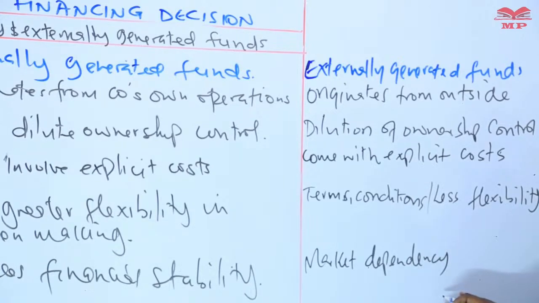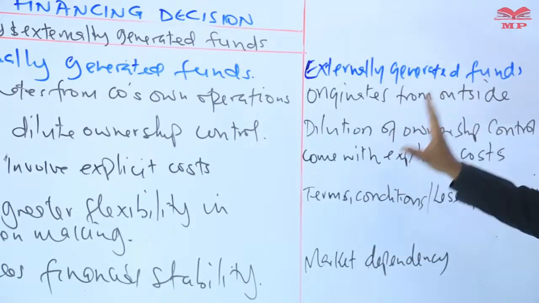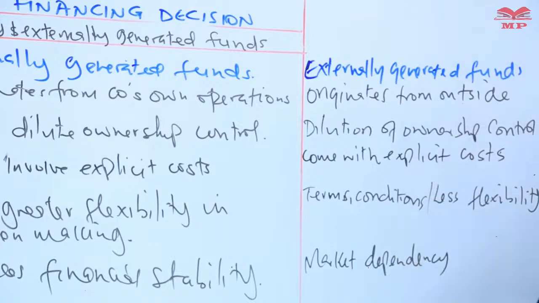Companies that rely heavily on external financing may face challenges during economic downturns or in volatile markets, such as where external funds are subject to market conditions and investor sentiments. Do you understand? So these are four points to illustrate the difference between externally generated funds and internally generated funds.